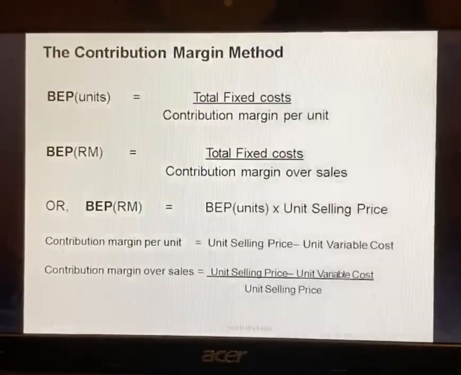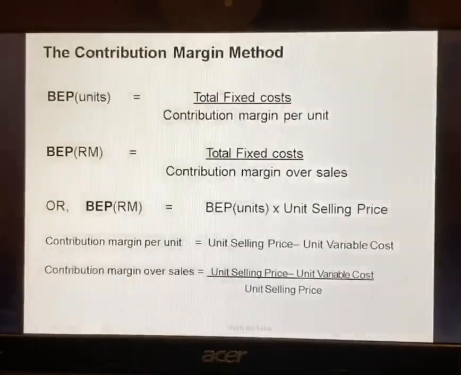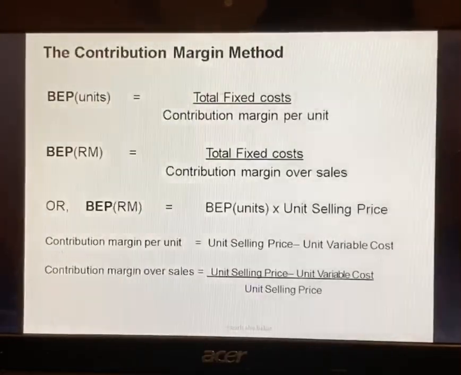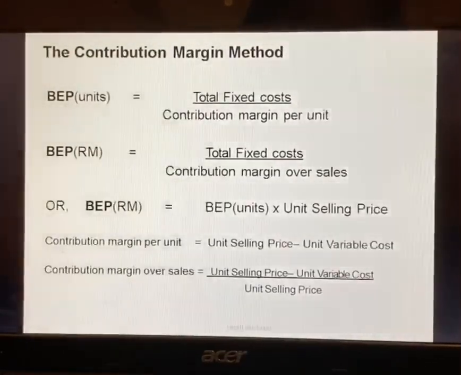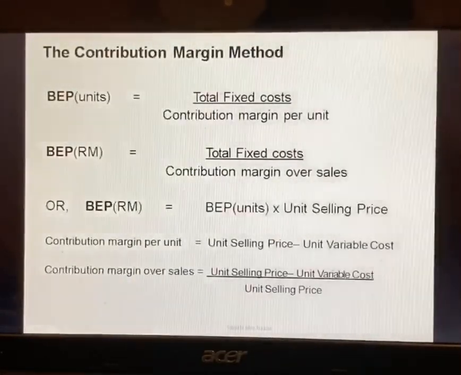And the break-even point in Ringgit Malaysia, the formula is total fixed cost divided by the contribution margin over sales, or the break-even point in units times the unit selling price.